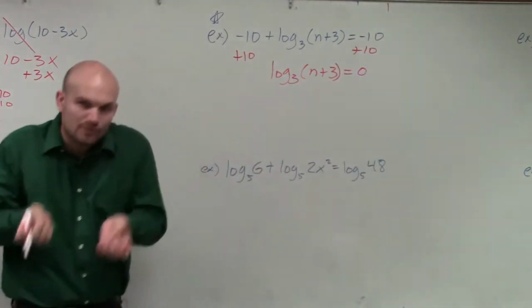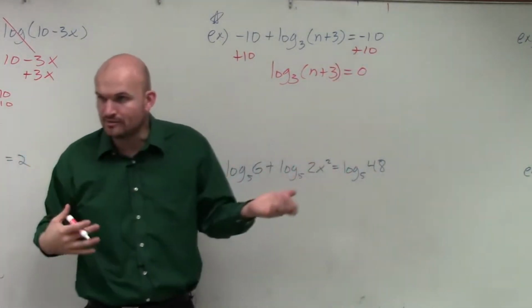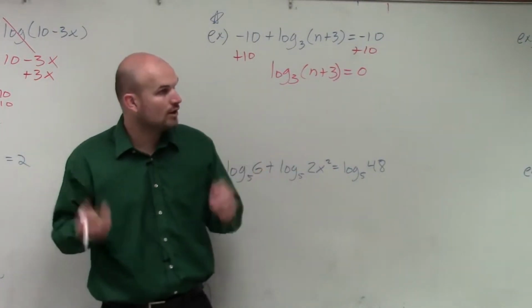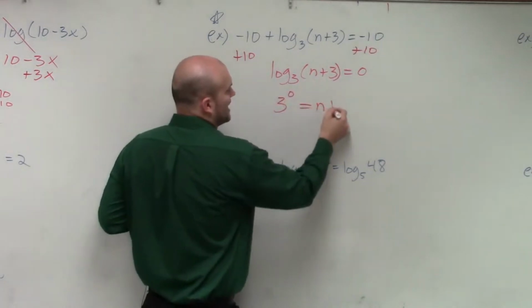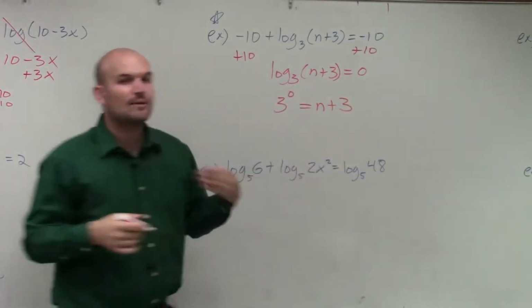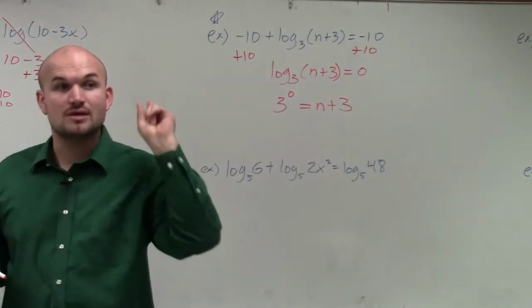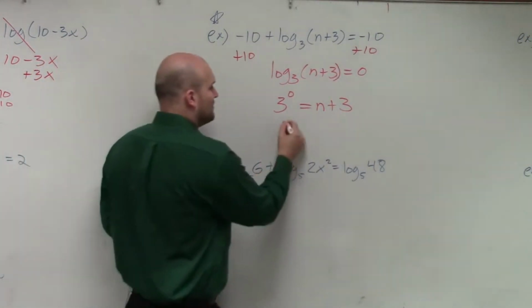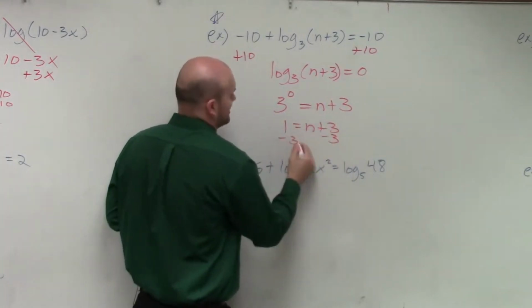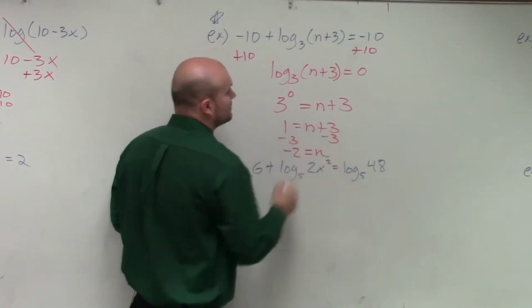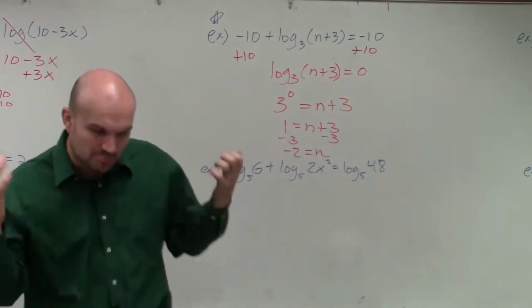Now I have it in logarithmic form, and what we practiced and what I showed in my notes is converting log form to exponential form, which would be 3 to the 0 equals n plus 3. Now, anything raised to the 0 power is 1. So I have 1 equals n plus 3. Subtract 3, subtract 3, negative 2 equals n. Go ahead, check my answer, and that works.